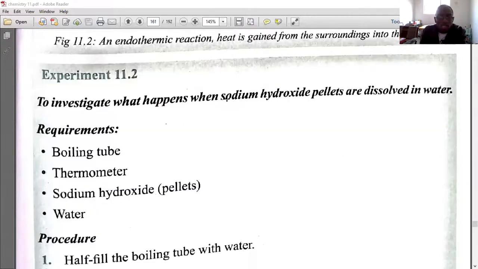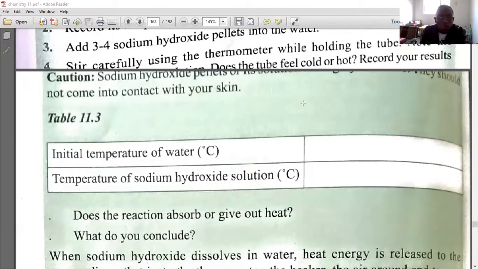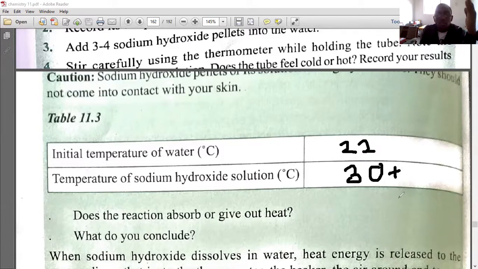Then look at another reaction using sodium hydroxide. This is the one I was demonstrating. The temperature of water was 22 initially. When we added it, it rose to 30 plus. When the temperature increases, it's an exothermic reaction.